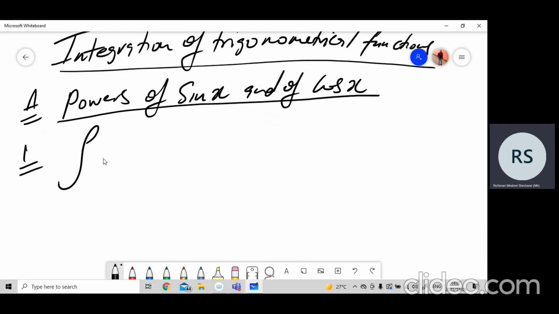We look at the powers of sine and cos. So let's start with sine function. Let's say sine is to the power of 1. We know the integral of sine x is minus cos x. You know this.